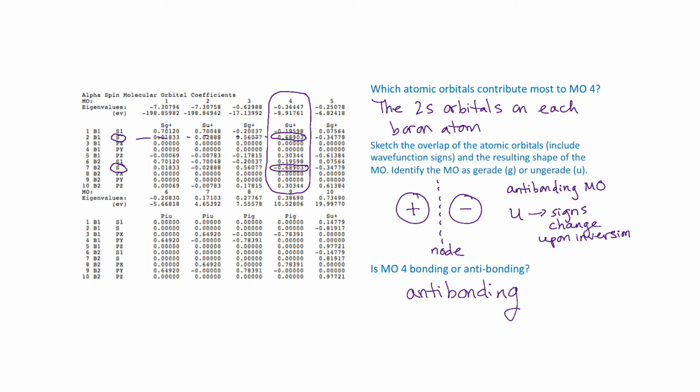Okay, so I hope that is some good practice for getting you acquainted with working with these output files, highlighting some of the important pieces of information that you can obtain from them.